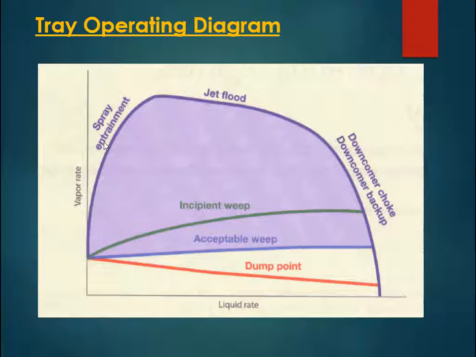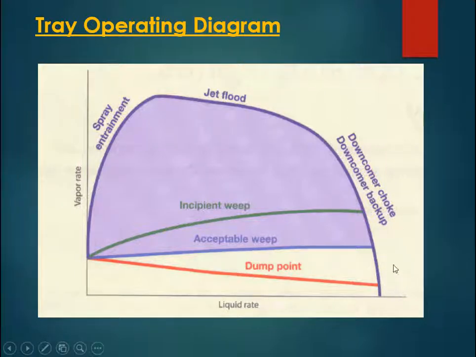This diagram shows that for a satisfactory operation there will be a limit on vapor flow rate and liquid flow rate. For example, when liquid flow rate goes high, it may lead to downcomer backup flooding, and if my downcomer entrance area is small, then at high liquid flow rate downcomer choke flooding may take place. Because of that, there is a limit on high liquid flow rate.